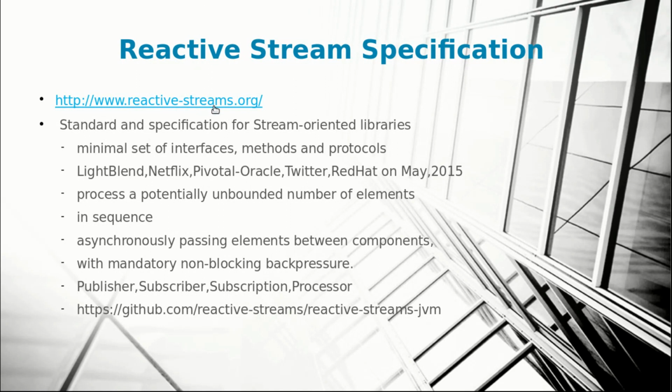This specification gives a textual description of the reactive specification. If you go to the GitHub URL, reactive-streams-jvm, you can get the JVM implementation of this specification. At reactivestreams.org you get the textual specification, and the code-based implementation for the JVM is available in GitHub under Reactive Streams and Reactive Streams JVM.